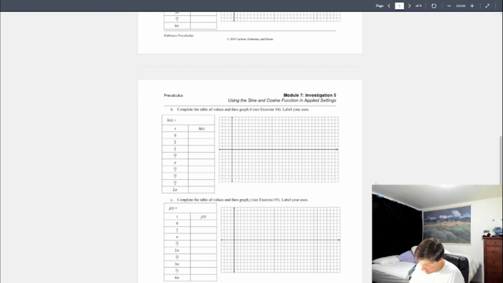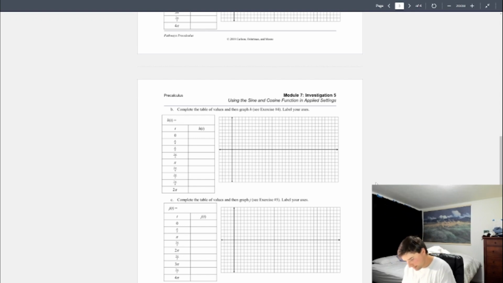Define a function k that relates the ball's vertical distance as a function of the number of seconds. Okay. K of t equals... it's actually just 3.8t.